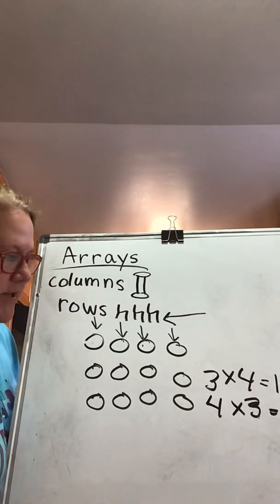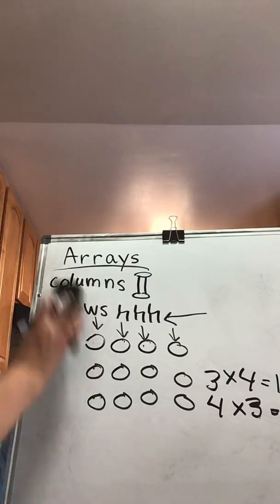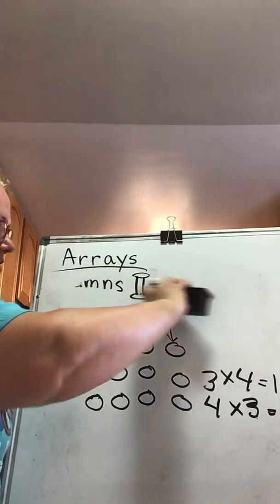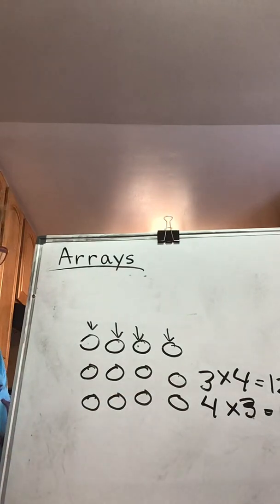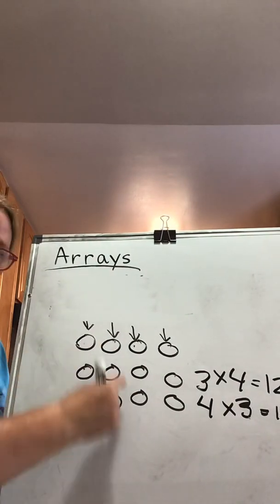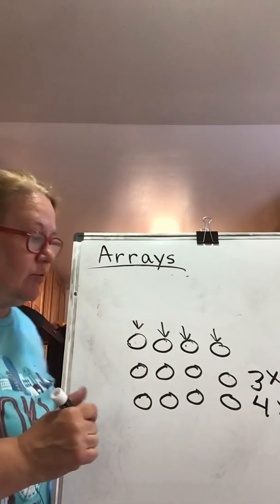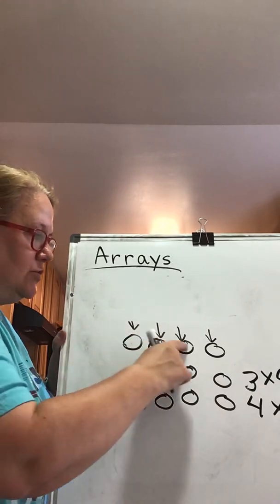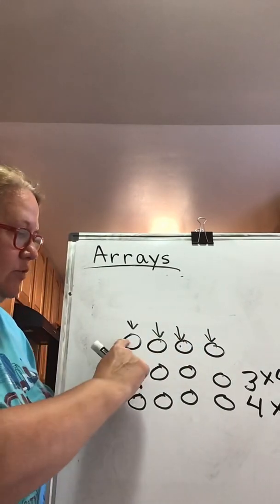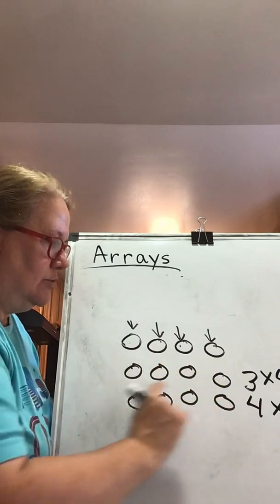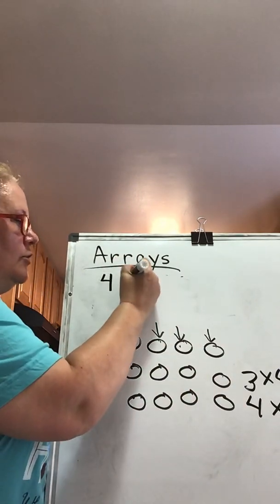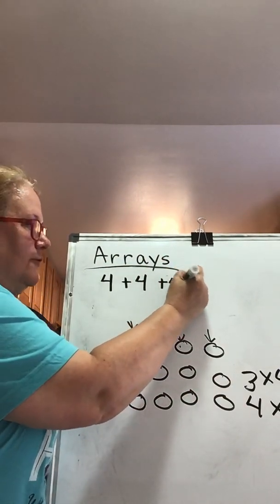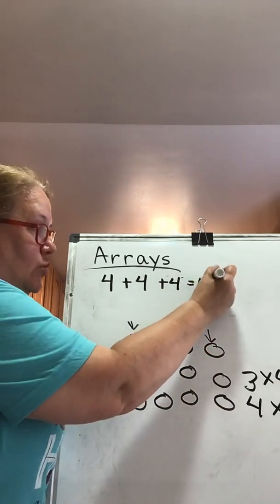Now what about repeated addition? Okay, I'm going to erase this up here so you can see it. I can either do my columns or do my rows. Let's try the rows. How many times do we count by 4s? 1, 2, 3. So 4 plus 4 plus 4 is going to equal 12.